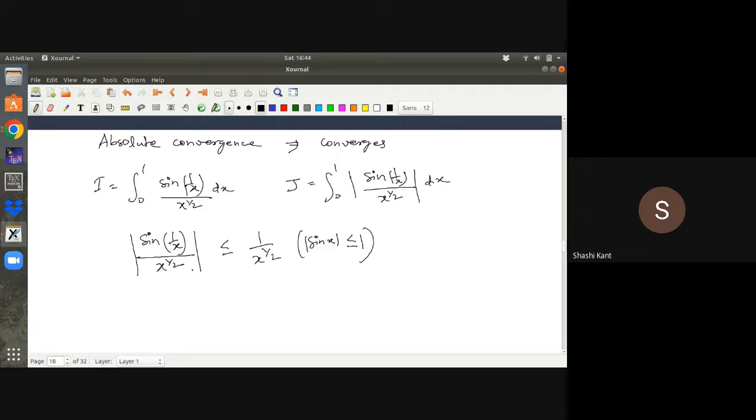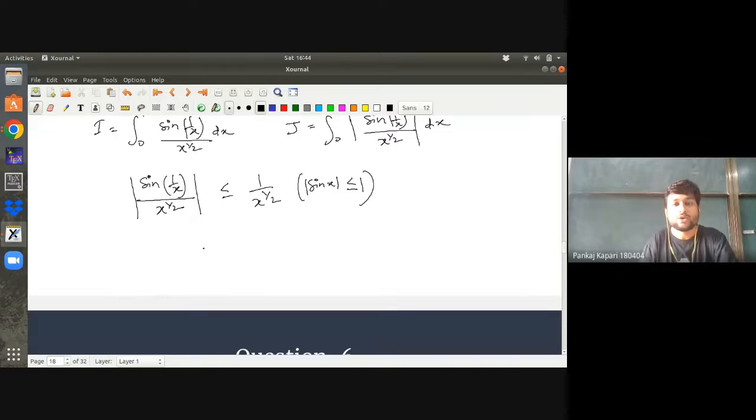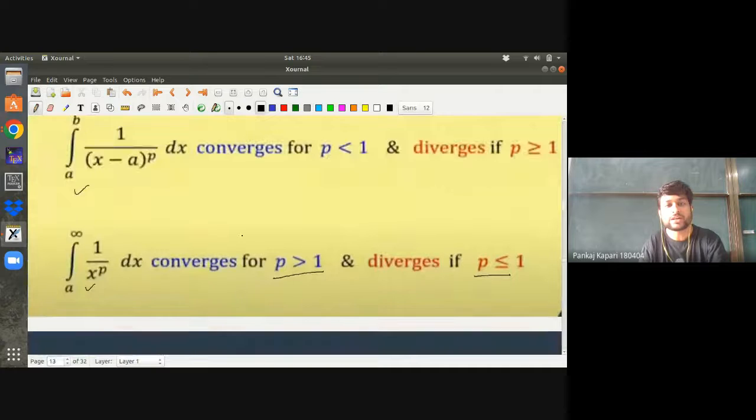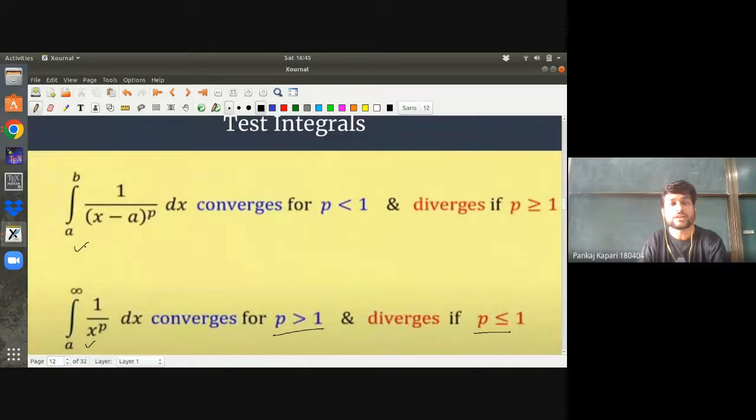Note that the integral from 0 to 1 of 1 over x to the power half dx converges, because this is our test integral. Remember this test integral. In our case b is 1 and a is 0, so this is 1 over x to the power p, and this integral converges whenever p is less than 1.